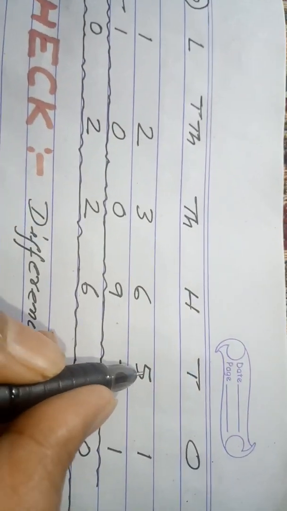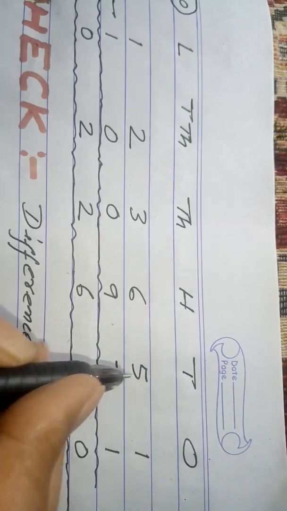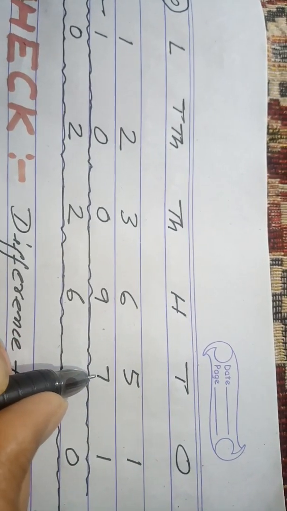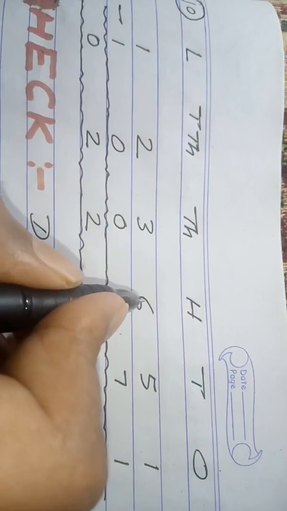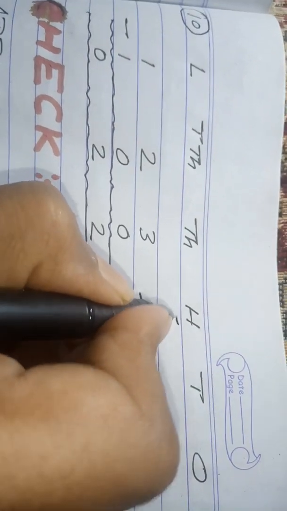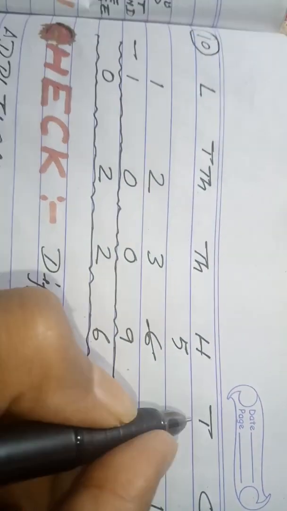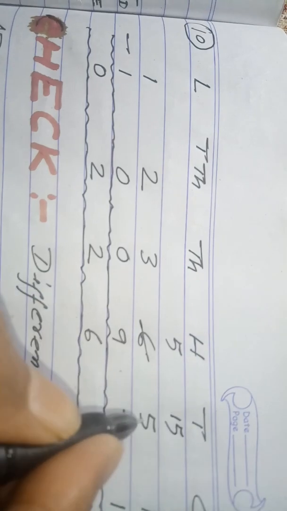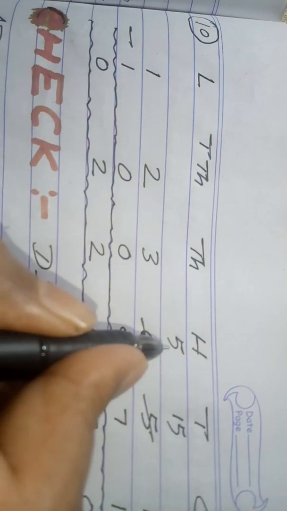Question number 10. Subtracting ones. 1 minus 1, 0. 5 minus 7. We can't subtract it because 5 is smaller than 7. So we take 1 from 6, it will become 5, and this will become 15. 5 cross out. 15 minus 7, 8. And 5 minus 9.